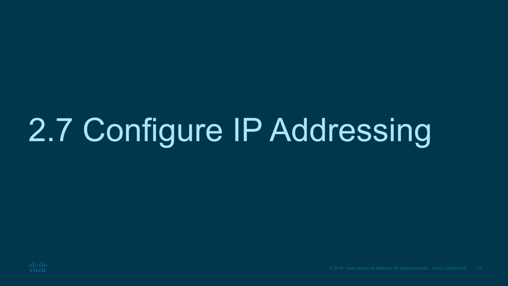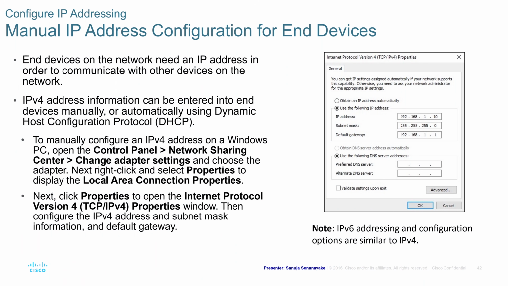Let's look at how we configure IP addressing. Manual IP address configuration for end devices is not something typically used on most end devices, but it is used in devices such as servers and critical infrastructure that requires a static IP address.